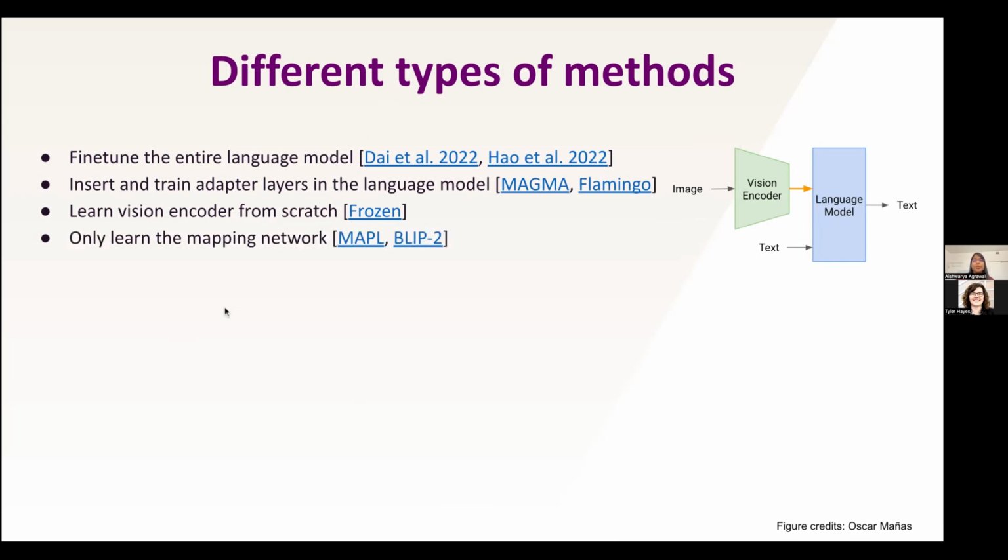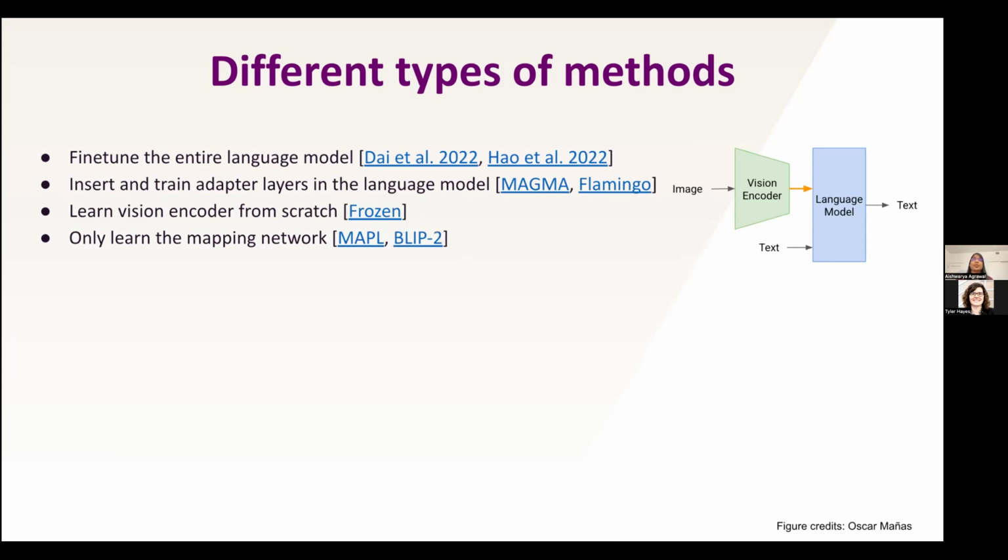We also published a paper in this space called Maple, where we only learned the mapping network, and we had a small transformer as a mapping network. You might have heard of this BLIP-2 paper that has become very widely used these days. They also fall in this family where they only learn the mapping network.